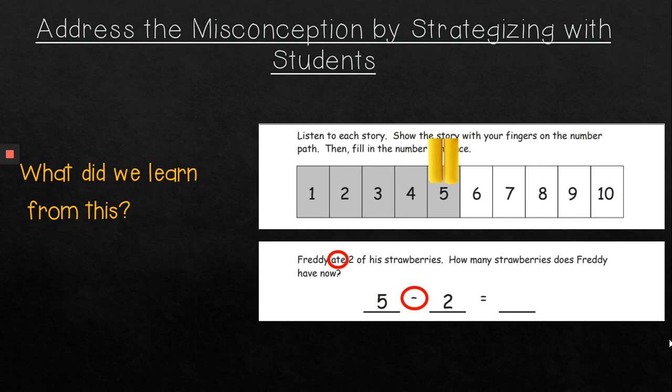So we're going to hop down 2 times. 1, 2. So how many do we have now? That's right. We have 3 left. Awesome. So that's how we can use the number path to also see how many we have left or how many we have in all. In this particular case, we were using subtraction, so we were taking away.